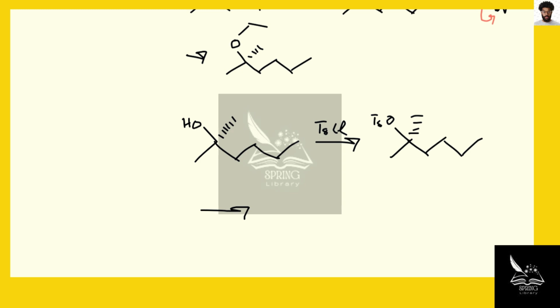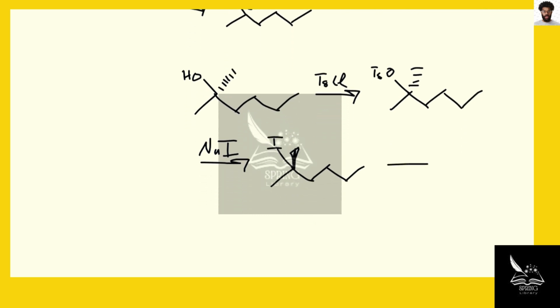Displace it with something like sodium iodide, right? This would replace our tosylate with an iodo group, but also invert the stereochemistry. Okay, and then do another SN2 reaction, this time with sodium ethoxide.